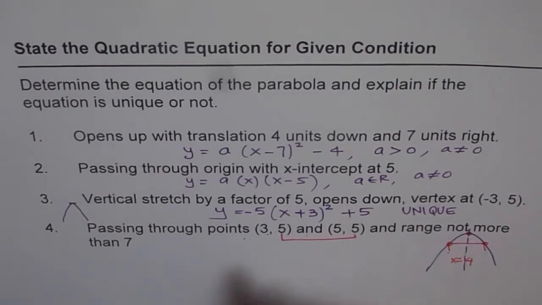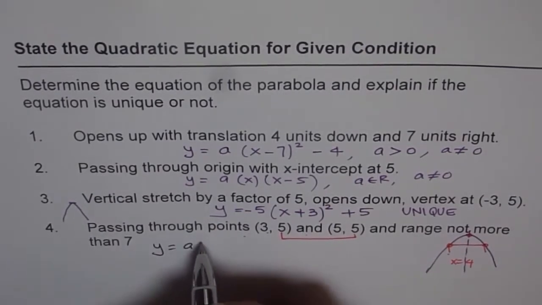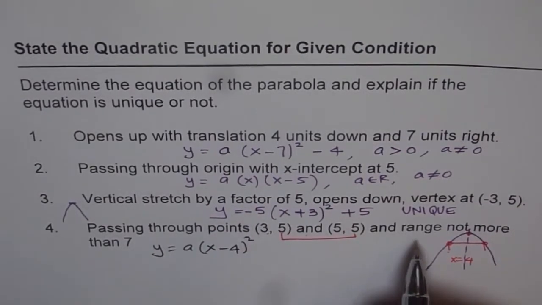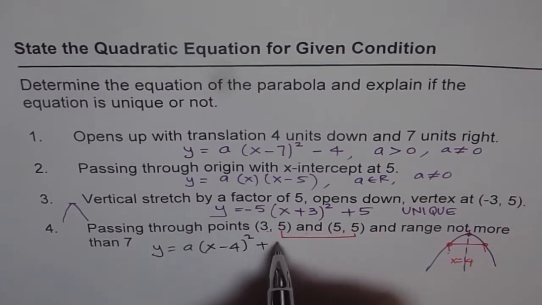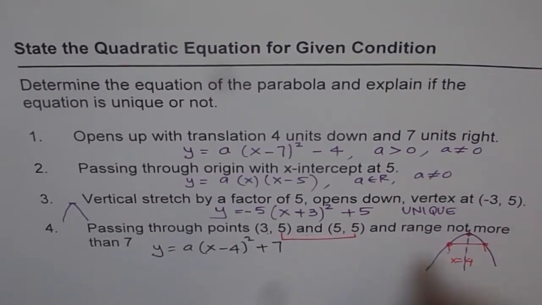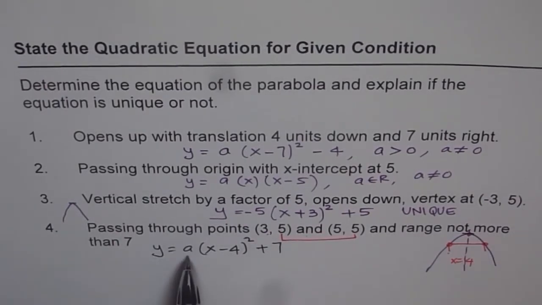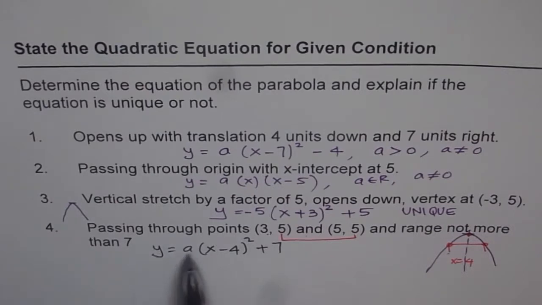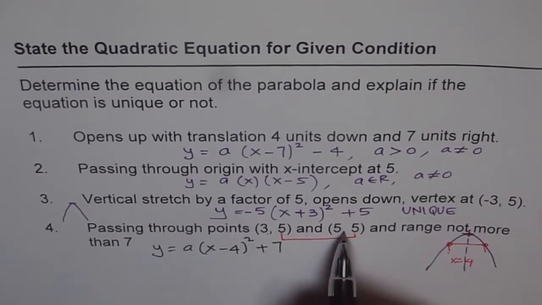So, our equation should be y equals a times x minus 4 whole squared plus 7, because it's not more than 7, so it is 7, right? Vertex is at 7. You can now find the value of a also, by placing any one of these points. We'll use the point 5, 5.